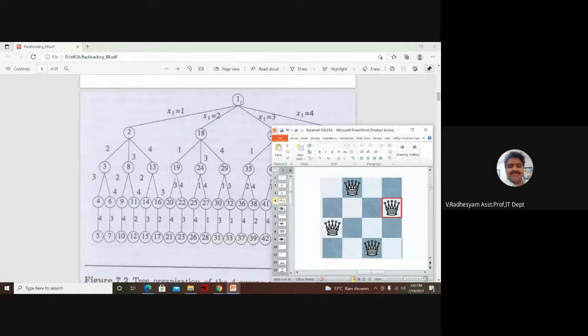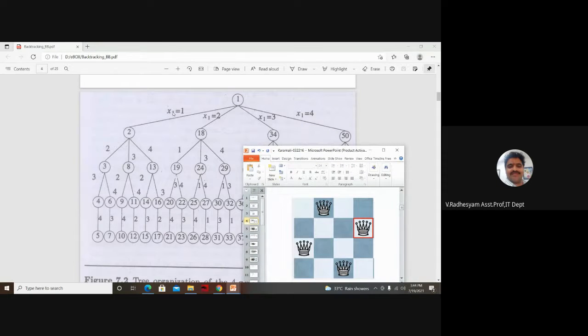You should not focus on these values of the nodes 1, 2, 18, 3, 8, 13, 19. Those are not necessary for us. For us, the important ones are these values. x1 is equal to 1 means q1 is placed in the first column.